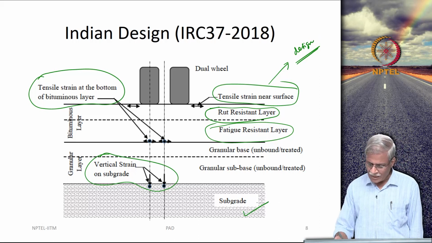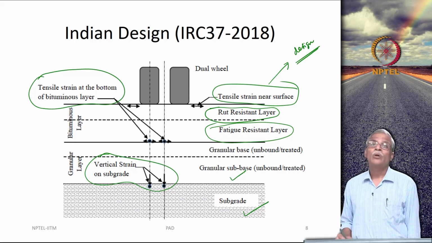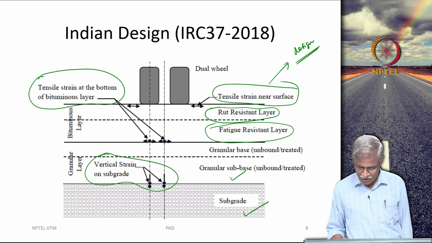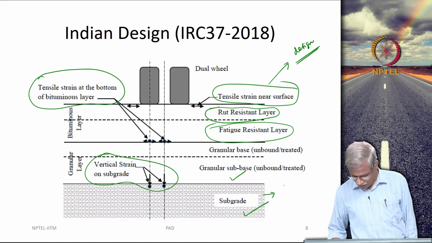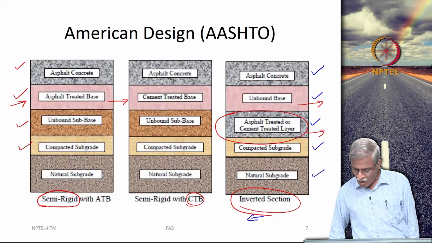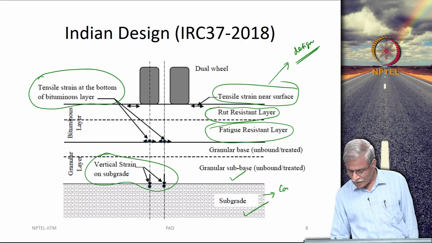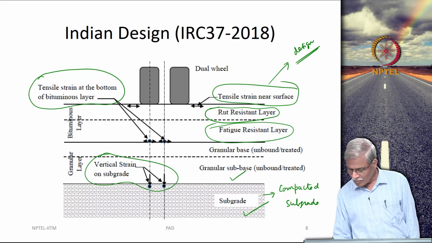You have a subgrade, it could be an unbound or a treated granular base. Now, this subgrade should be called as a compacted subgrade. Okay.